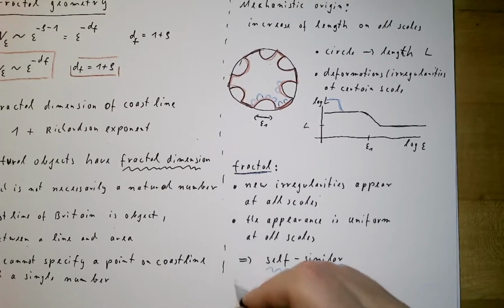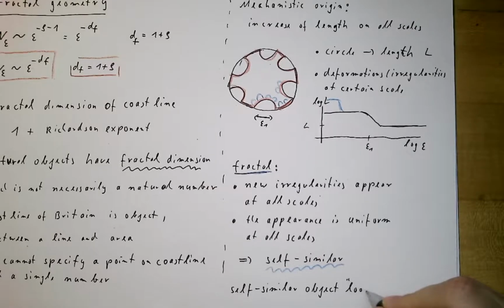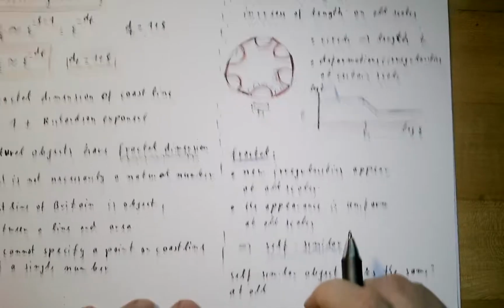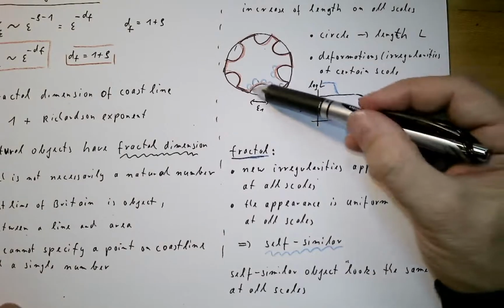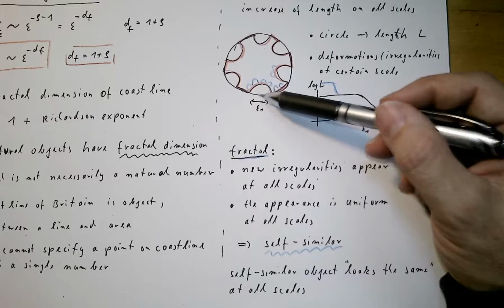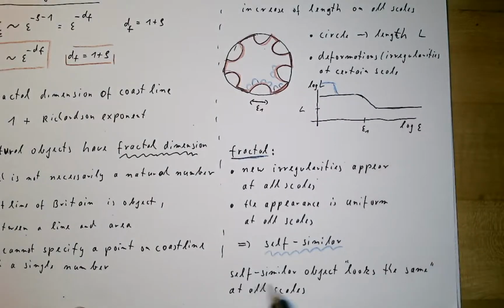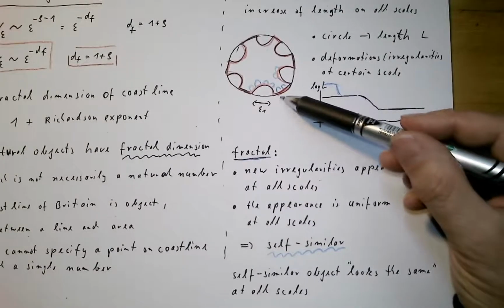So a self-similar object looks the same at all scales. Because the irregularities are built into the system, they exist at all scales in the same magnitude. So this self-similarity of geometric objects, that's the hallmark of all fractals.